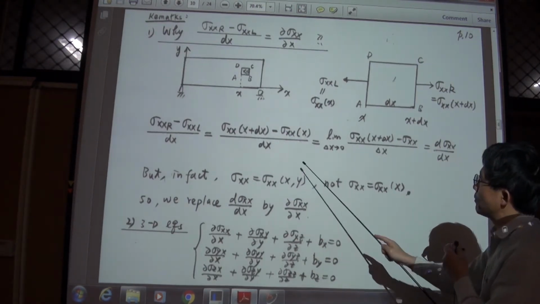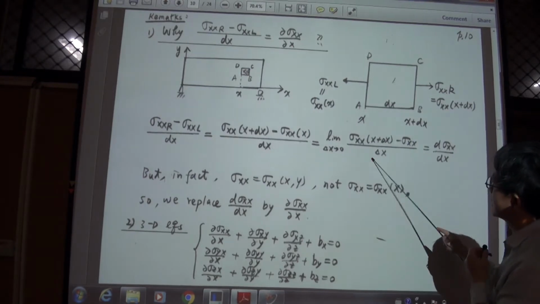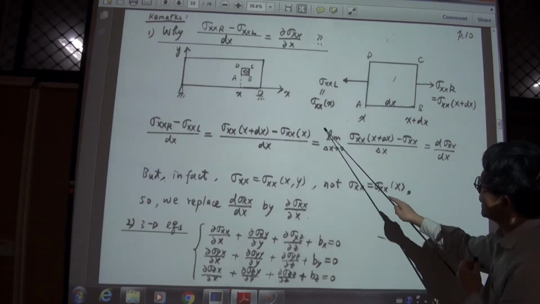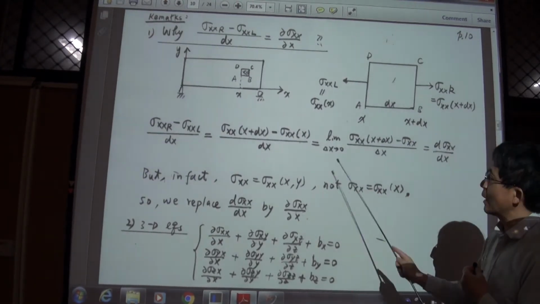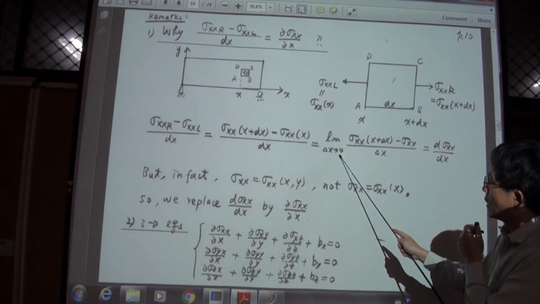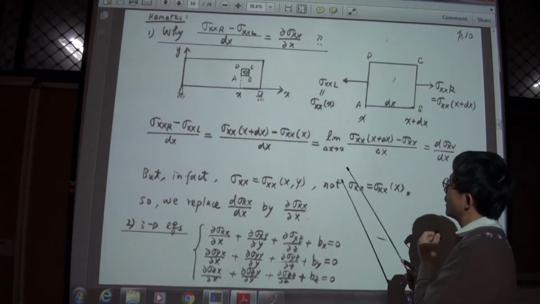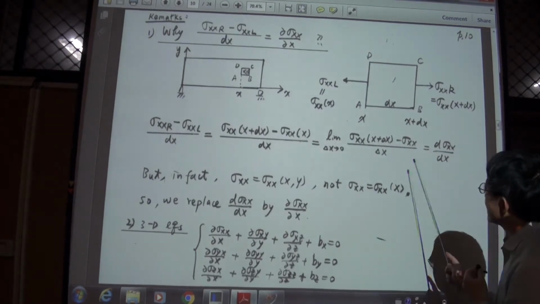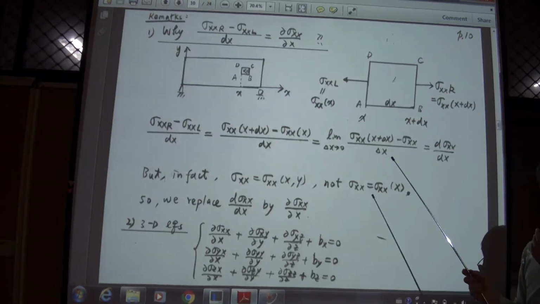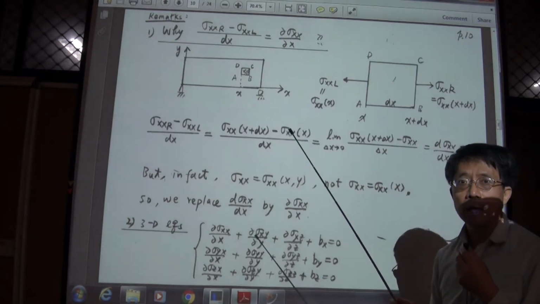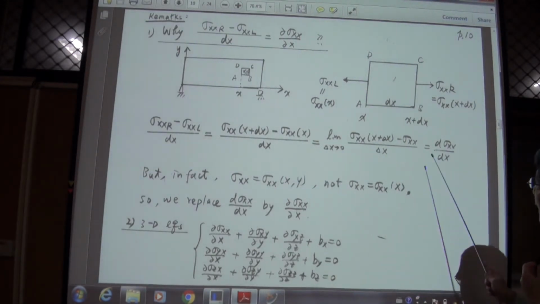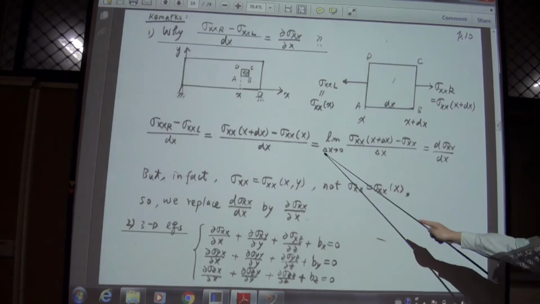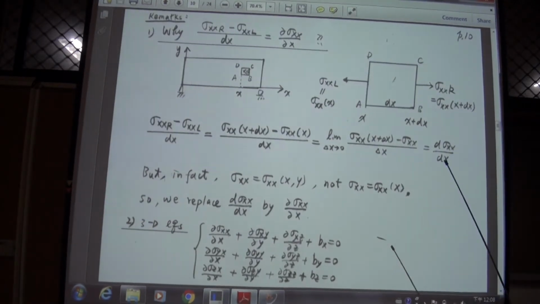And now we replace dx by delta x and take the limit as delta x tends to 0. And this one is replaced by this, and this one by this. But look at here, this is the definition of the differentiation. So we can replace this one by the differentiation.